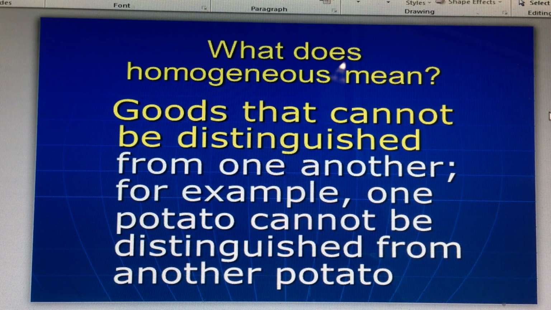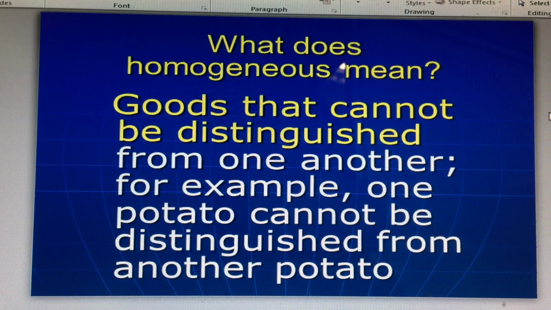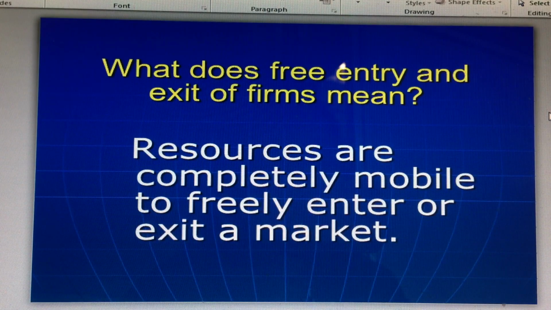Another way of comparing could be if you borrow $1 from me, which is a coin, and you borrow $1 from another friend of yours, both are $1, so you wouldn't have any preference, even if there is some difference, like the year that it was made. But to you, when you're using it, $1 is $1. So that is what we mean by a homogeneous product.